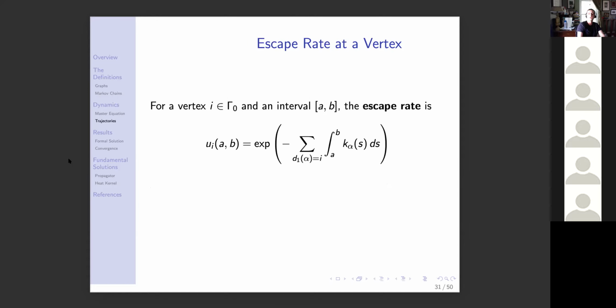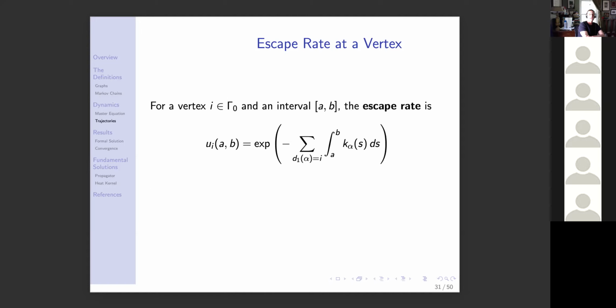All right, so now I want to introduce another rate, which is called the escape rate at a vertex, which is, if you will, the rate of change of probability in jumping at that vertex. So suppose I have an interval AB.